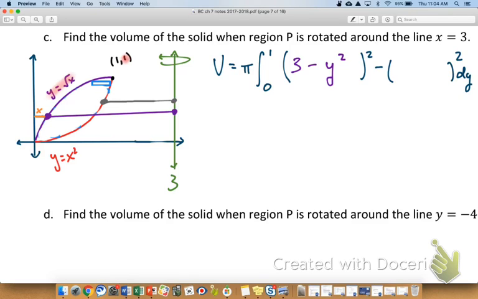So once again, couldn't we say that the orange line segment, in its most literal sense, is the x coordinate? And so the length of the gray line would be 3 minus the x. But I would want to replace that with what's equivalent to it in terms of y, and that would be square root of y.